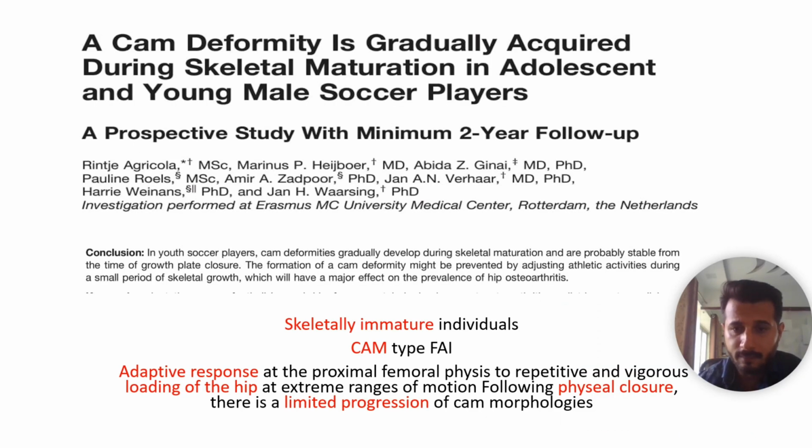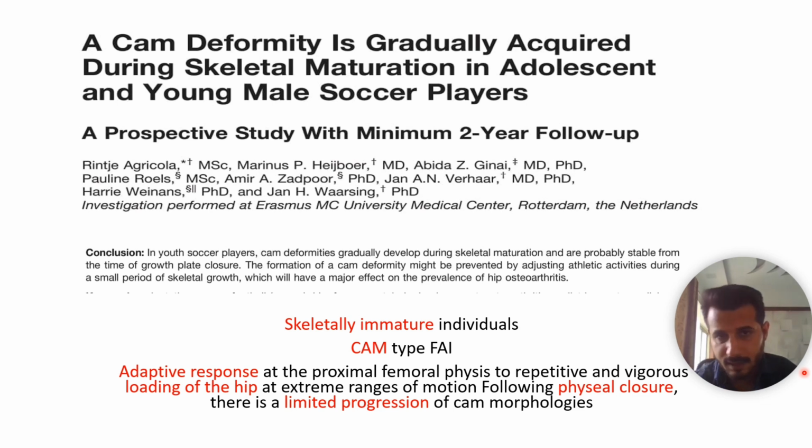Now, one point which I want to make here before moving forward is that as per a prospective study, skeletally immature individuals who are into high impact sports like football, basketball tend to have CAM type of FAI.